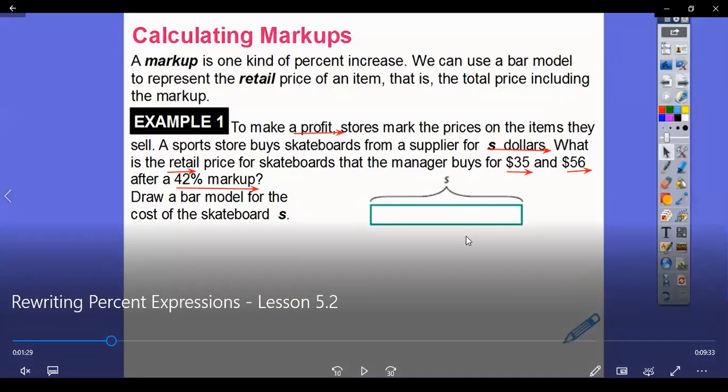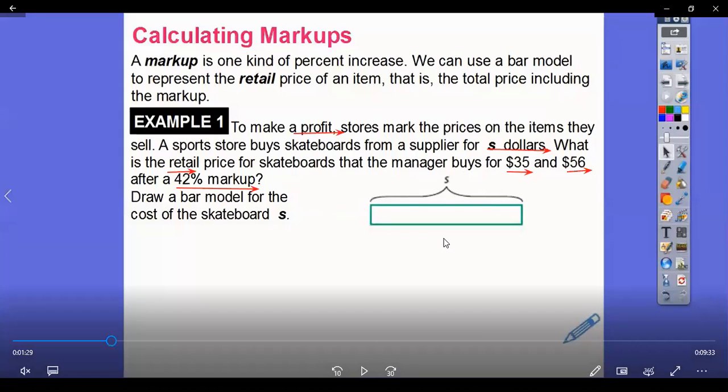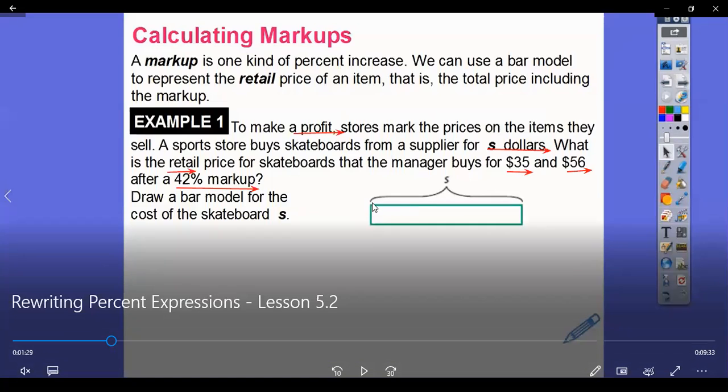So what is the bar model again? We are going to draw a bar, and this bar will guide us to know the total amount of money for the item which you are going to buy. So I already drew a bar, and I wrote S above it, and S means the total cost of this bar. Let's continue.